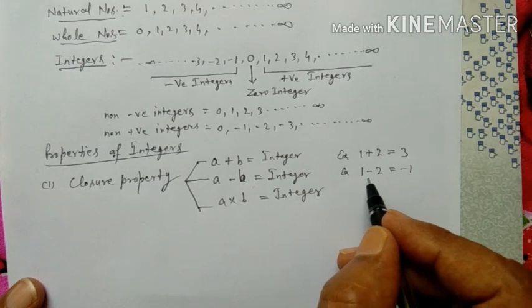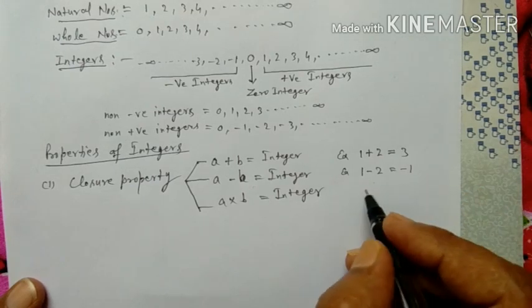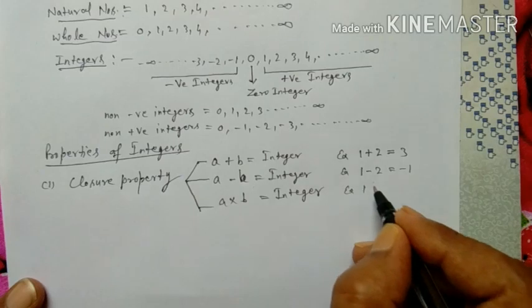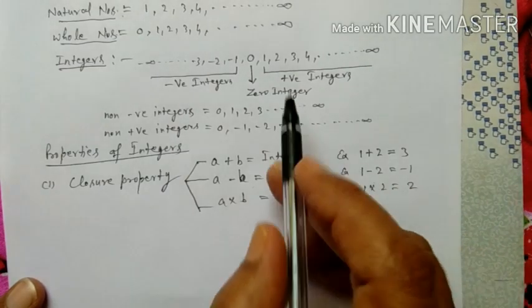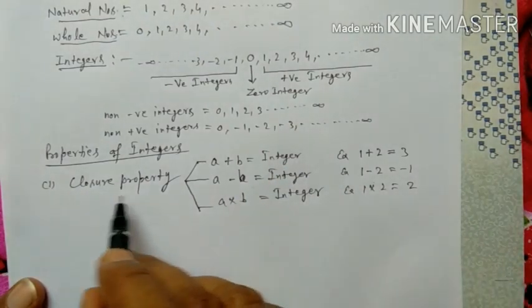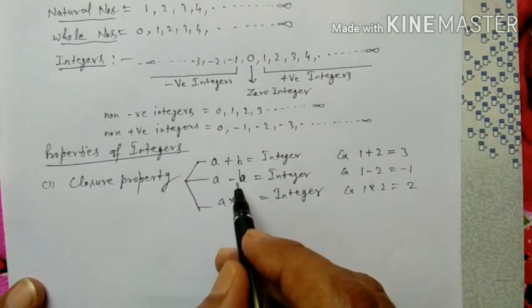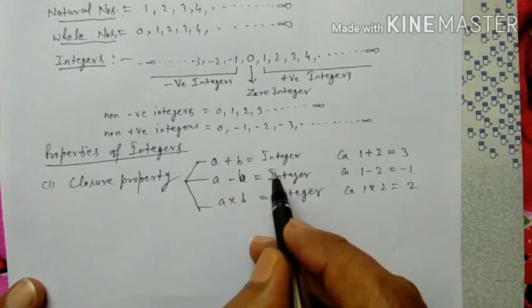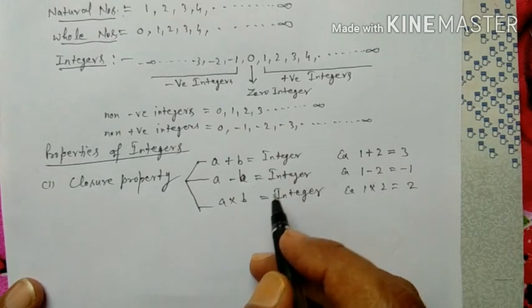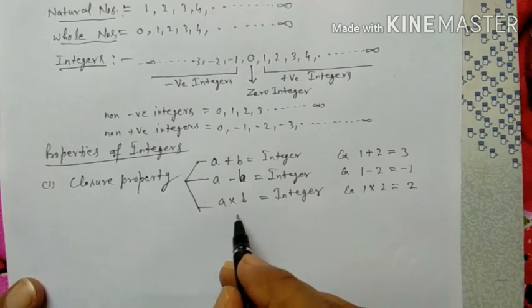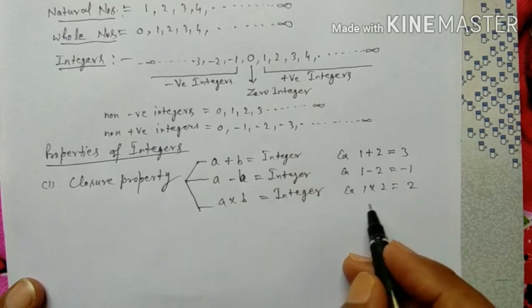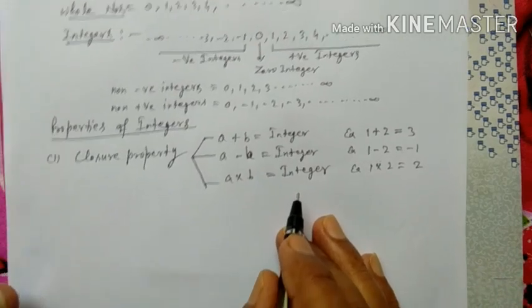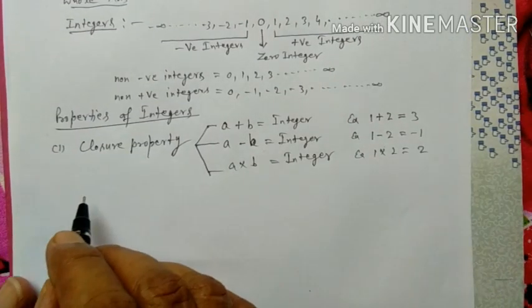The difference of two integers is also an integer. And the product 1 into 2 equal to 2 is also an integer. So the closure property holds for addition, subtraction and multiplication in the case of integers, and does not hold in the case of division. That is, a divided by b is not always an integer, because it becomes 1 by 2, and that is a rational number.